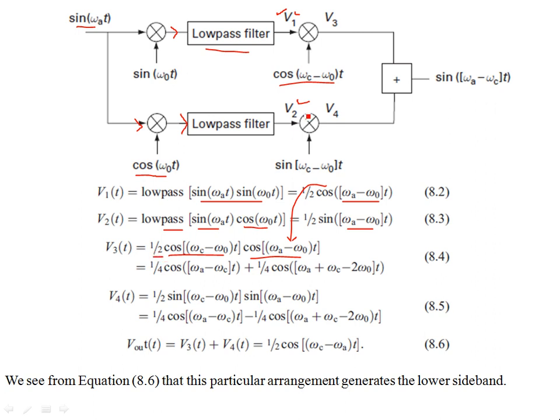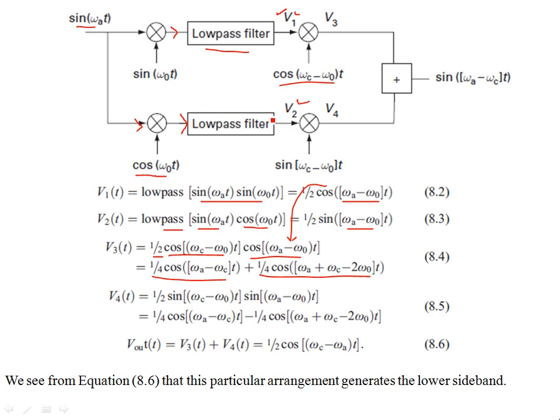Okay, and if you expand these two cosine functions in a trigonometric identity, well then there will be a high frequency term, 2 omega naught t, with a difference frequency.